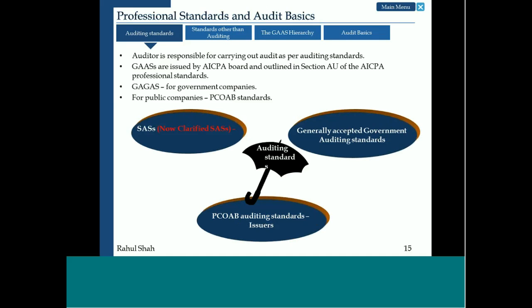The second standard is PCAOB standards for issuers, and the third is GAGAS for government auditing standards. So these are three different standards under one umbrella of auditing standards. When you are doing government auditing, you need to follow GAGAS. When you are auditing public companies, you need to follow PCAOB standards. When you are auditing private companies, you need to follow GAAS of the AICPA board. That's it. This is the umbrella of auditing standards.